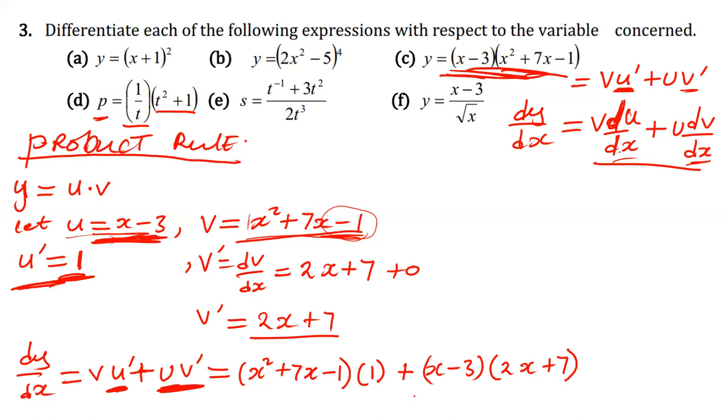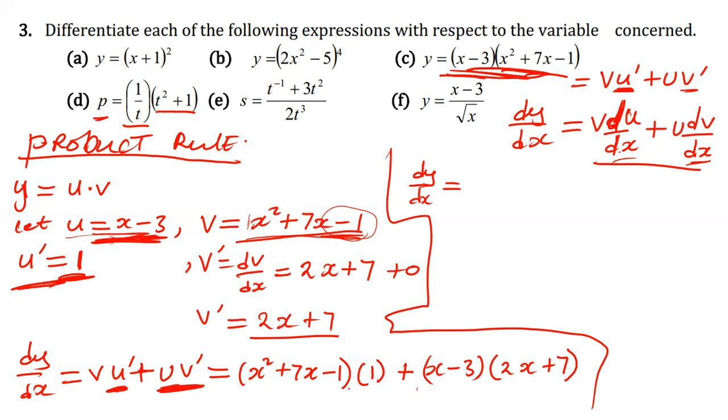So here it's just a matter of simplifying the expression to find dy dx. So 1 times everything there, we get the same thing. So we have x squared plus 7x minus 1. And then we multiply this and that.